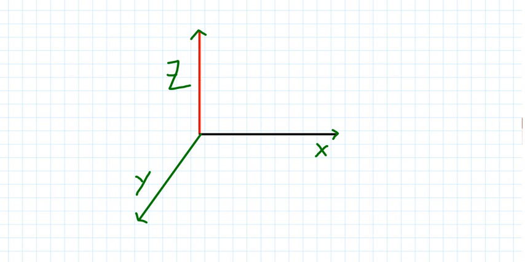So what you can do is get hold of the x-axis and turn it in a clockwise or anti-clockwise direction as if you are holding a screw. In that case, what will happen?